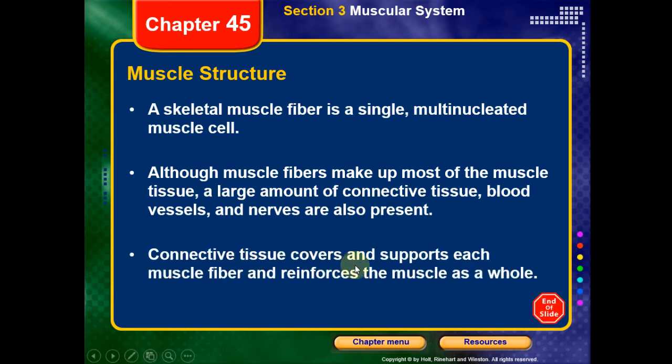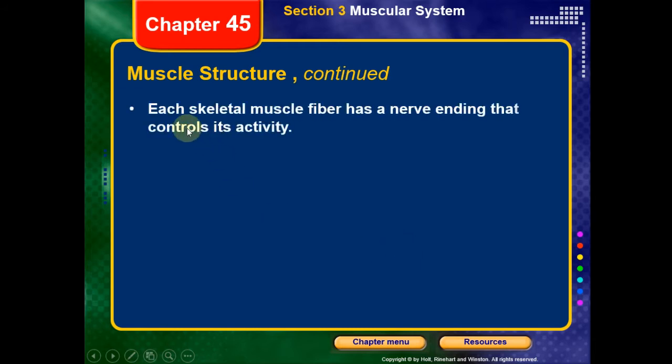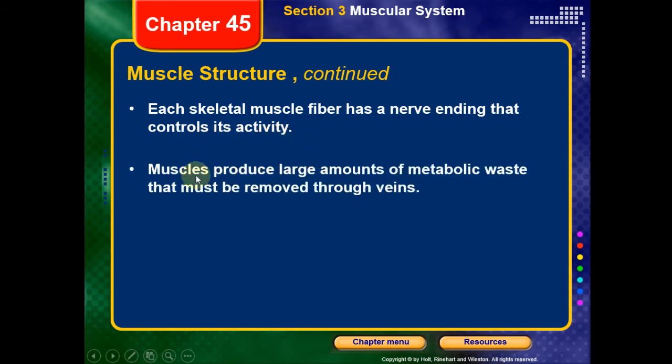Now, the connective tissue covers and supports each muscle fiber and reinforces the muscle as a whole. Each skeletal muscle fiber has a nerve ending that controls its activity. Muscles produce a large amount of metabolic waste that must be removed through veins.